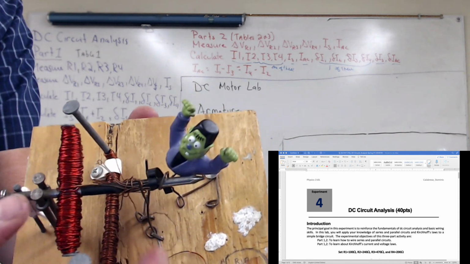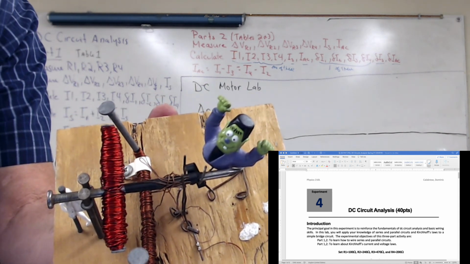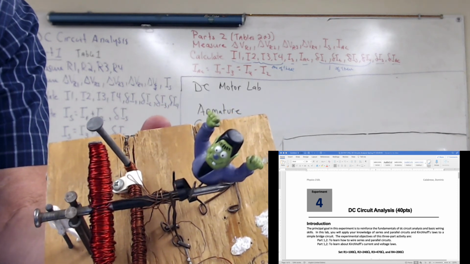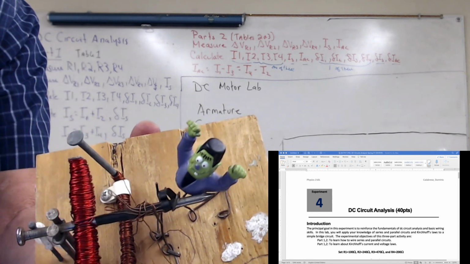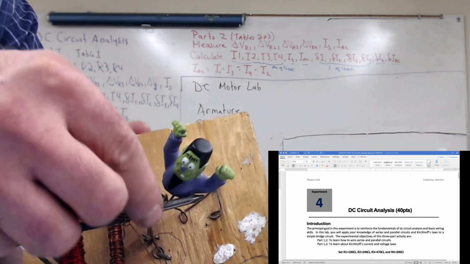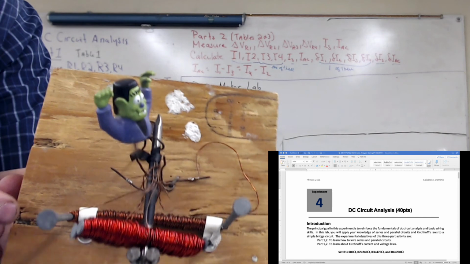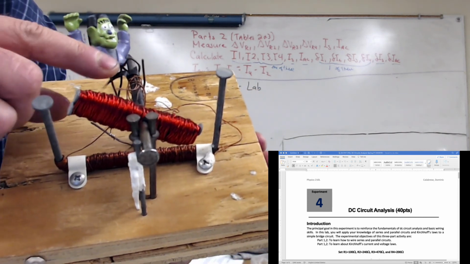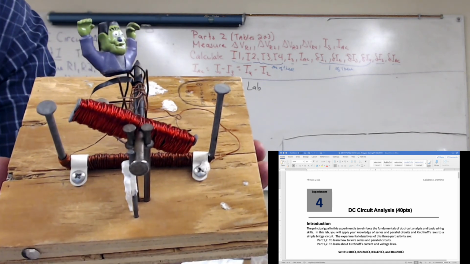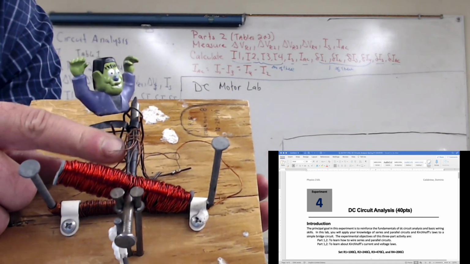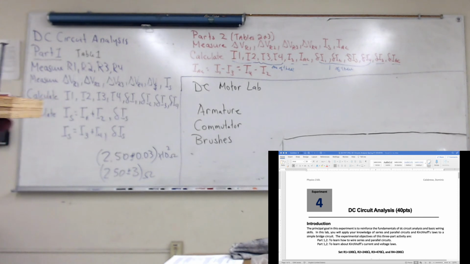And then, so this is the armature, and then if you can see here, these 2 wires. I like the Frankenstein, by the way. You like the Frankenstein? They're called the brushes. And then the stiff wires that wrap around, right there. These stiff wires. Those are the brushes, and then this thing that's messed up is called a commutator. I'll show you a better one.